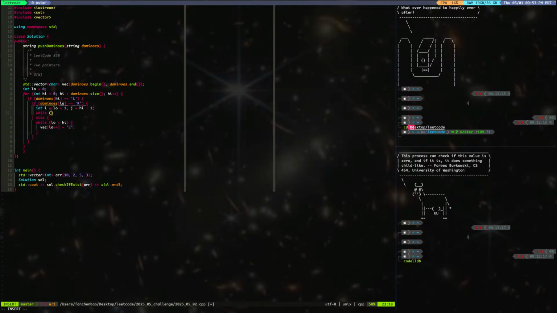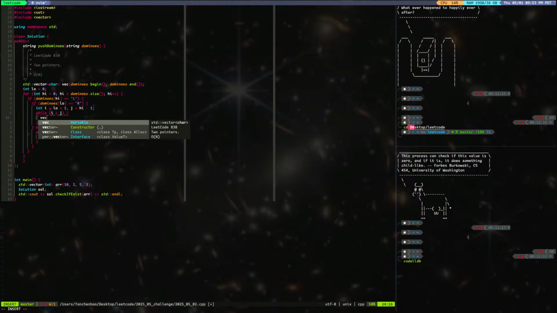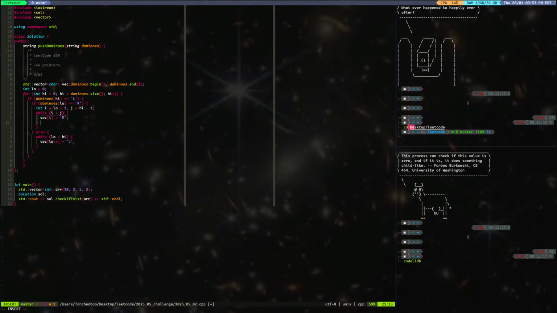While i is smaller than j, vec i equal to R, vec j equal to L. And then they will both plus plus. Yeah, that's that.